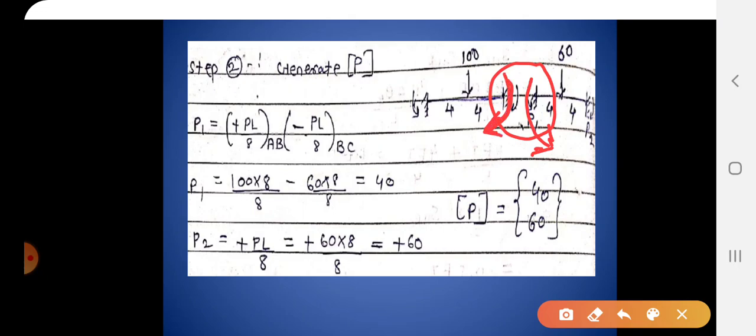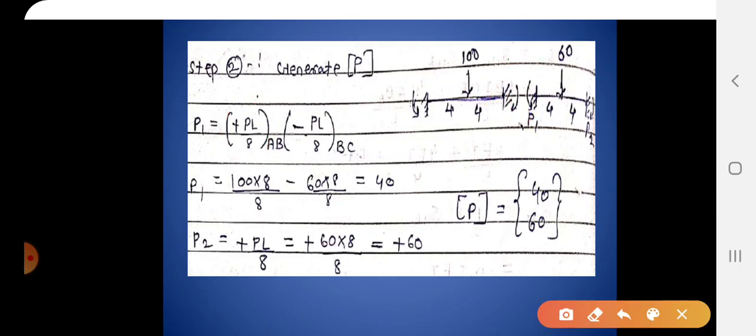First is clockwise moment PL by 8 plus PL by 8 because it is central point load. Second moment is minus PL by 8, again central point load, therefore minus PL by 8. So putting the respective values of P and L, we will have the value of P1 as 40.